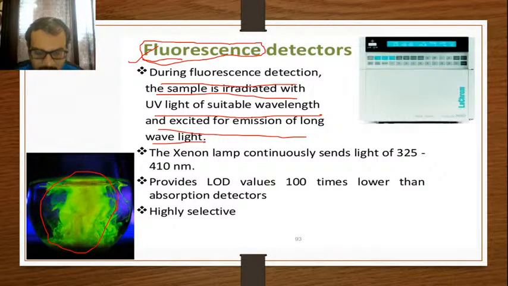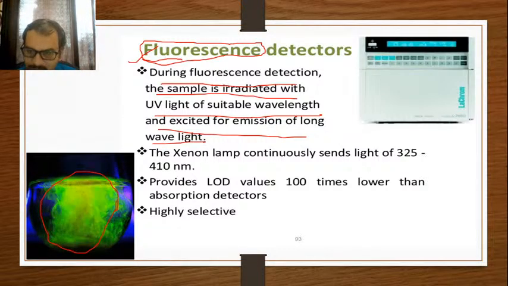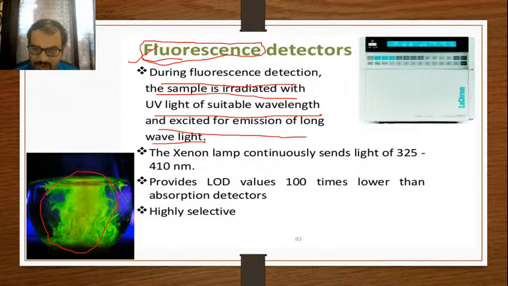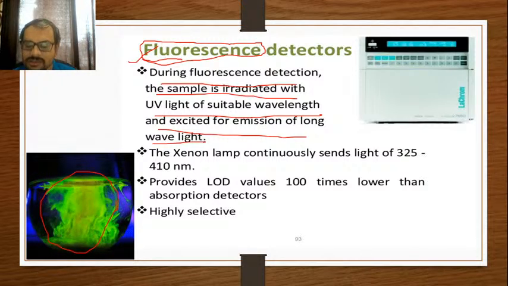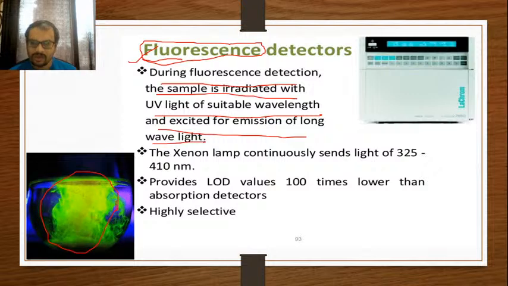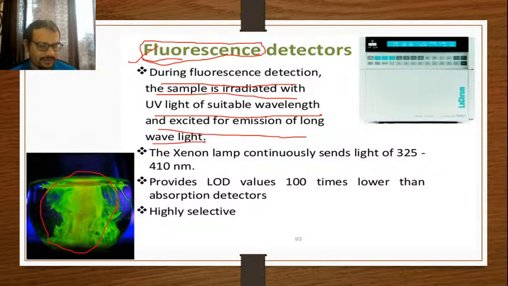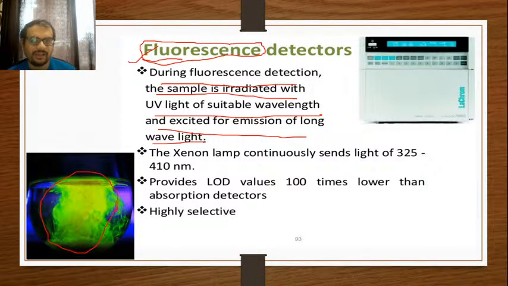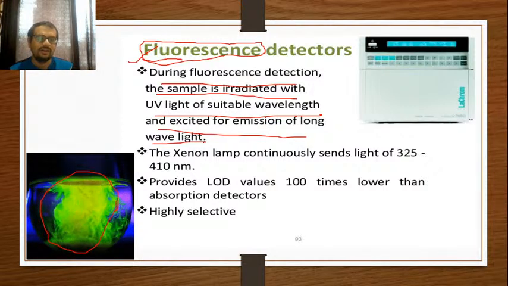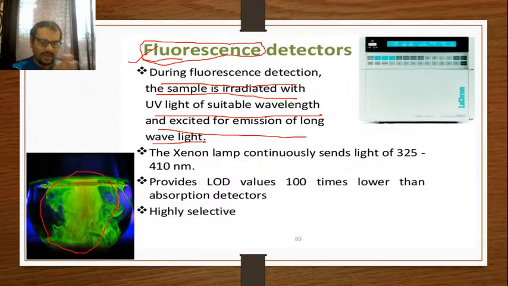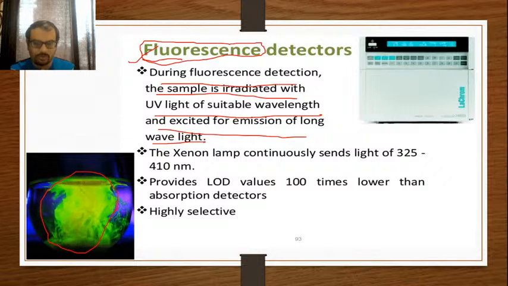Remember, fluorescence spectroscopy, as we dealt with it in the last semester, we come to know that UV light is the source of the wavelength. What I mean to say is that there is no difference between the UV light in UV spectroscopy and in the case of fluorescence spectroscopy.